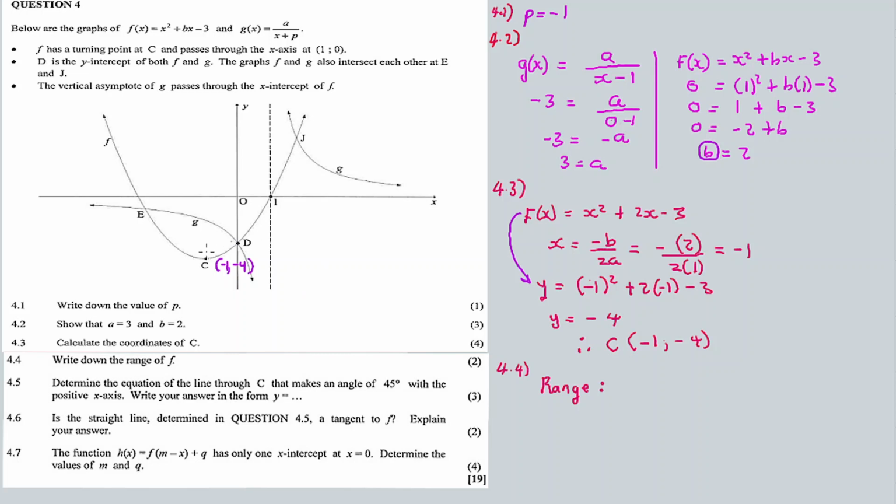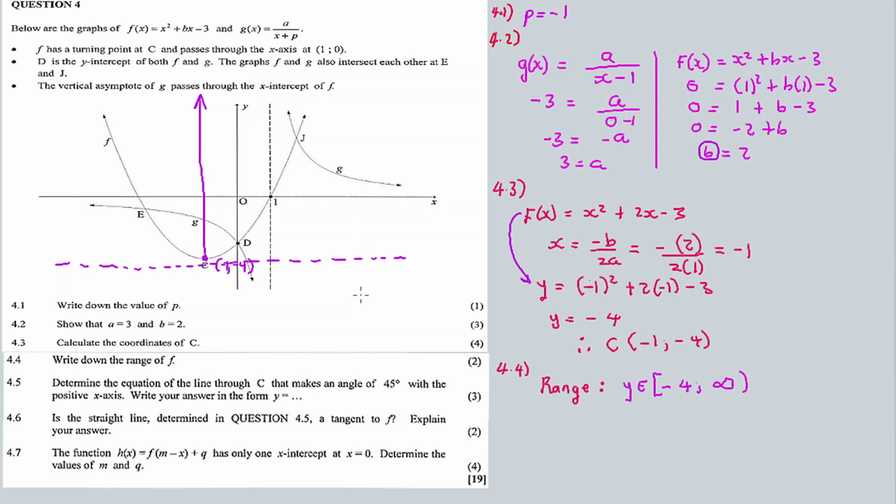The range is all the valid y values on your graph. So the graph starts at C, and then it continues all the way up to infinity. So the range is y is an element of minus 4.